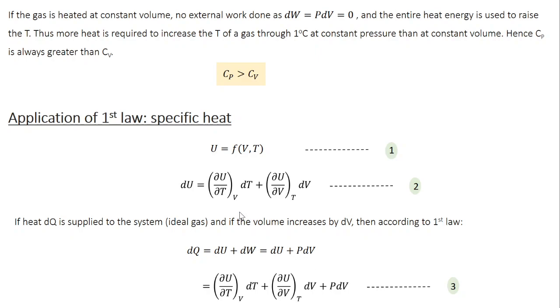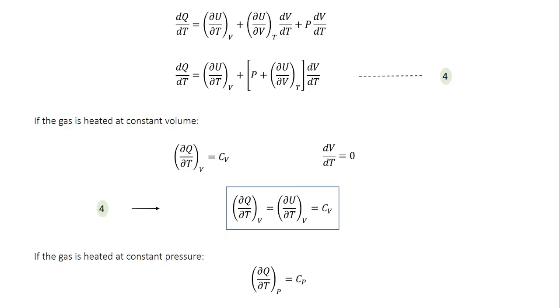Substitute for dU from this equation. Now I can write dQ equal to ∂U/∂T at constant volume times dT plus ∂U/∂V at constant temperature times dV plus P dV. Now divide both the left and right hand sides by dT.